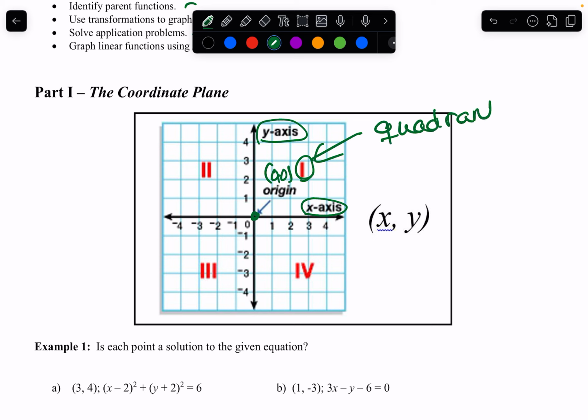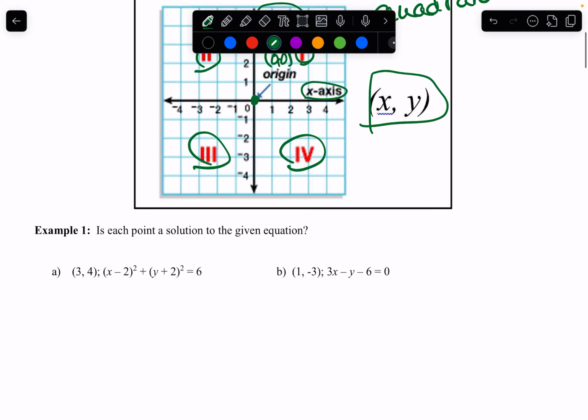Quadrants. 1, 2, 3, and 4 here. And then when we give a point like origin 0, 0, we put it inside parentheses with x first and then y. Alphabetical order.